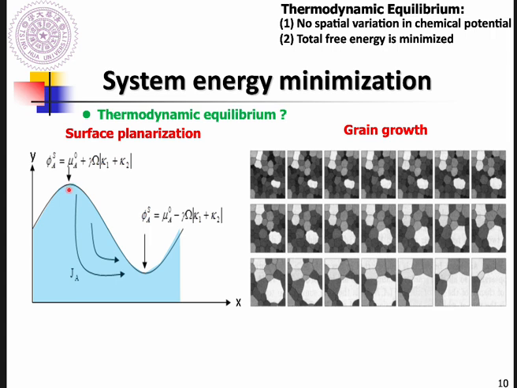And what is the surface chemical potential? It can be written as mu A0, the chemical potential of atom A on a flat surface in pure material, plus an extra term which includes gamma, the surface energy, and omega, the average atomic volume, so the surface energy times the average atomic volume, times kappa 1 plus kappa 2.